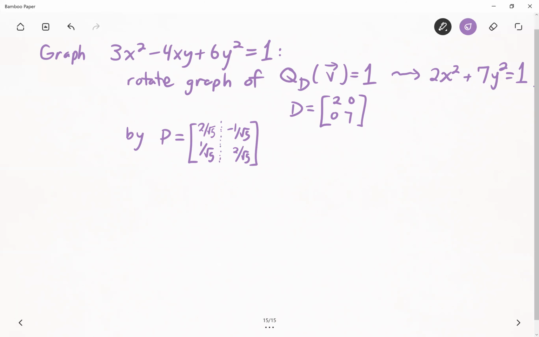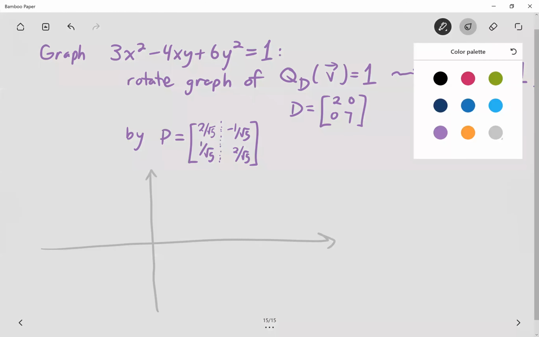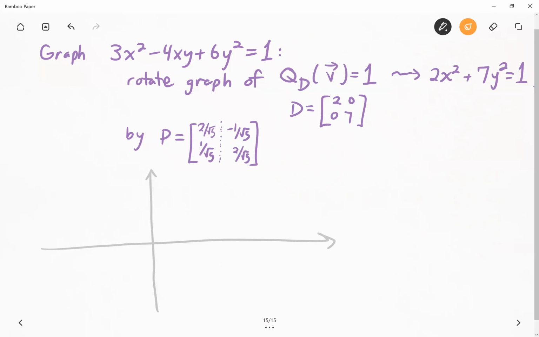All right, so let's go ahead and graph. I'm going to start off by drawing my eigenvectors here. Let's see, 2 over rad 5, 1 over rad 5. The x is twice as large as the y, so it's going to be something like this.